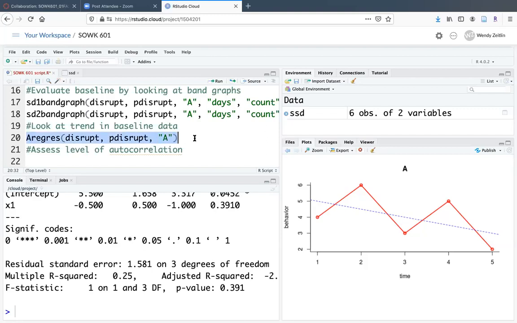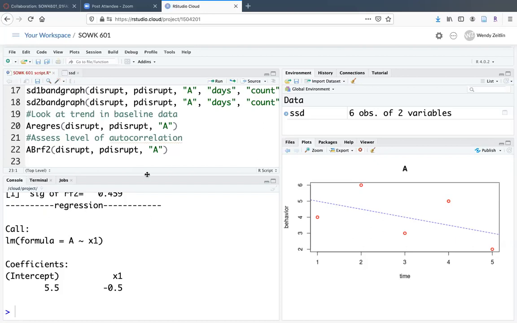So because we know that aregress is working fine, I'm going to simply copy that here and change aregress to abrf2, and that will minimize our typographical errors. Okay, I'm going to run this.